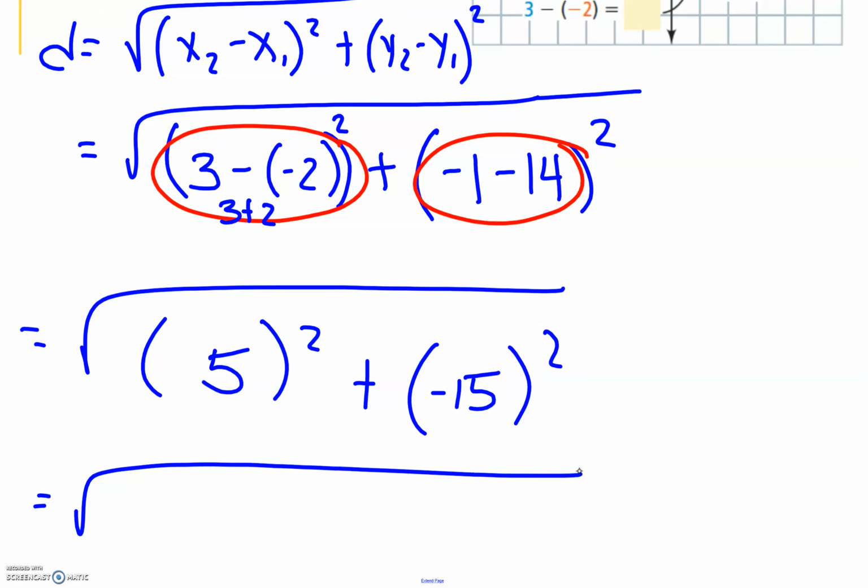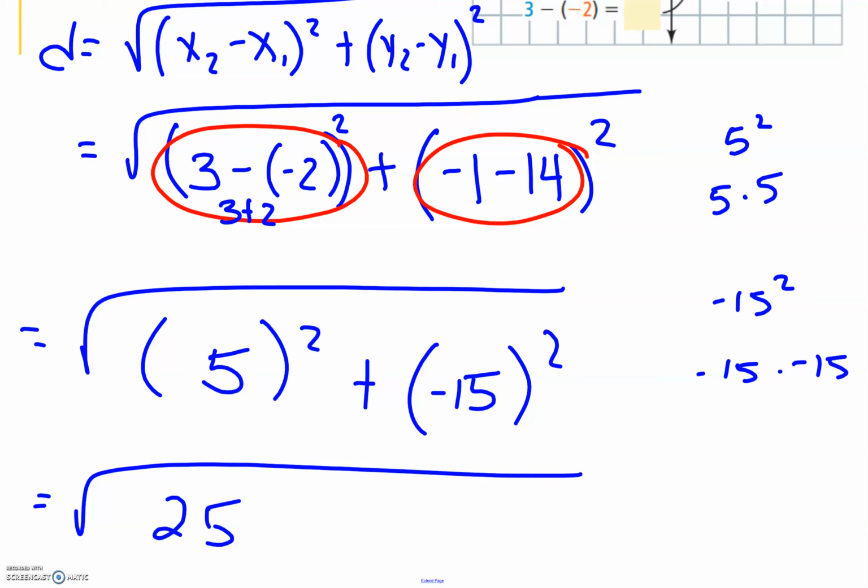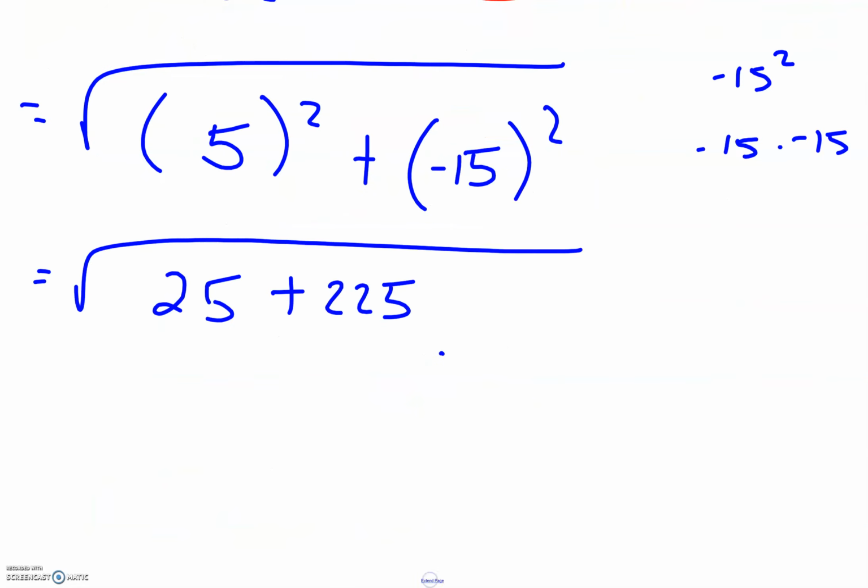Remember what squared is. 5 squared is the same thing as 5 times 5, and negative 15 squared is negative 15 times negative 15. So 5 squared is 25. Negative 15 squared is a positive 225. So my answer is the square root of 250.